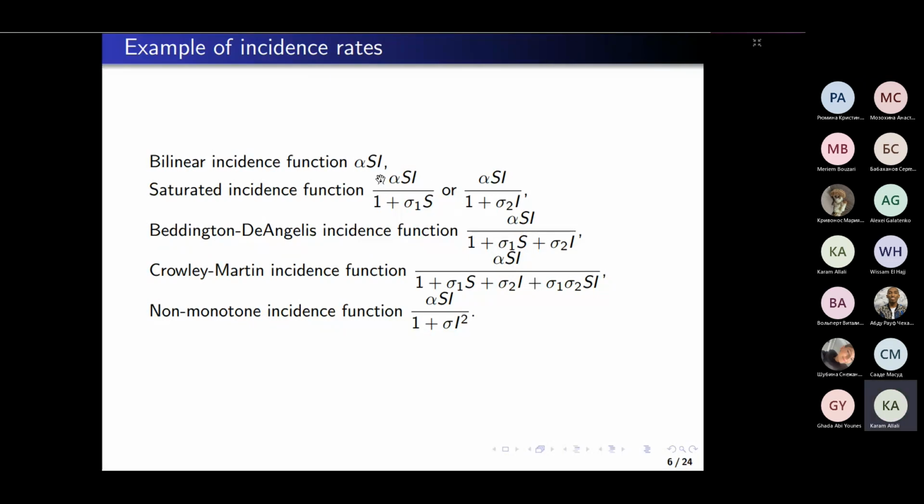Biologically, what is the importance of this kind of saturated incidence function? Look, for example, we have a crowded population.